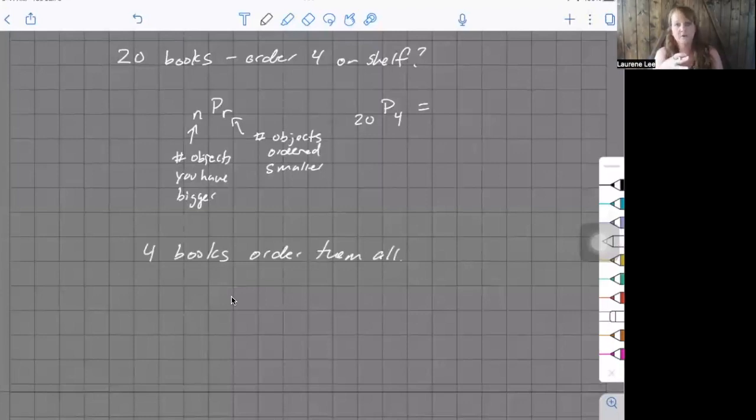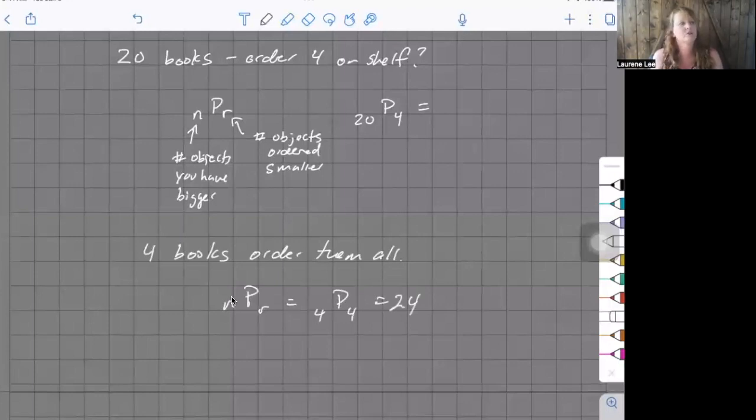So you have 4 books and you want to order all 4. So another way to do this problem is nPr, where n and r are 4. So you'd go 4P4. And if you do that on your calculator, you'll get 24, which is what we got when we did the factorial.